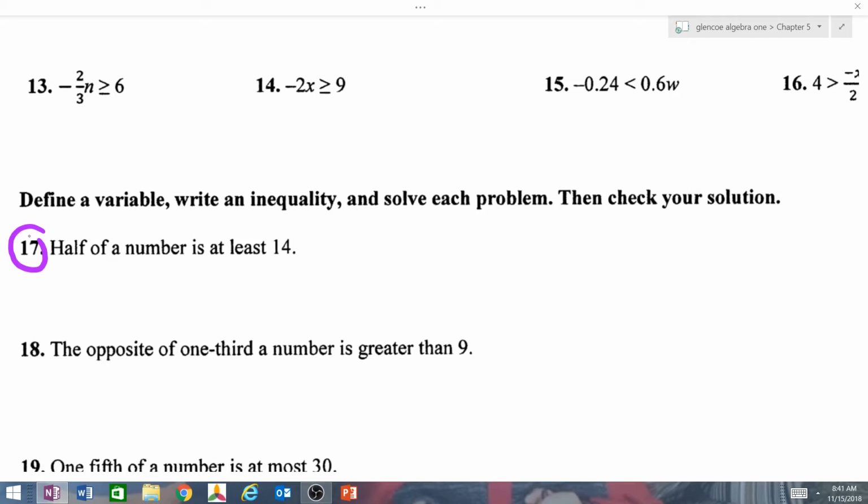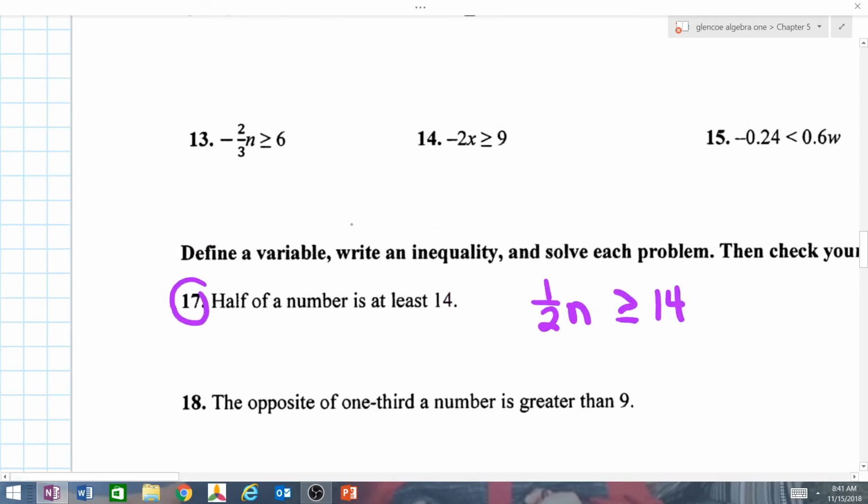Okay, half of a number is at least 14. So, who would like to write that inequality for me? What would I write? 1/2 n is greater than or equal to 14.